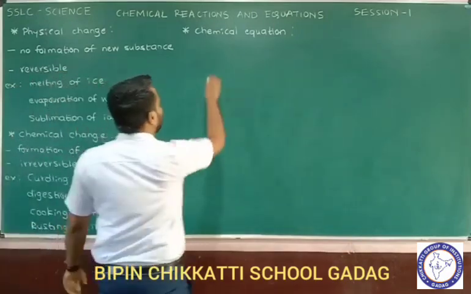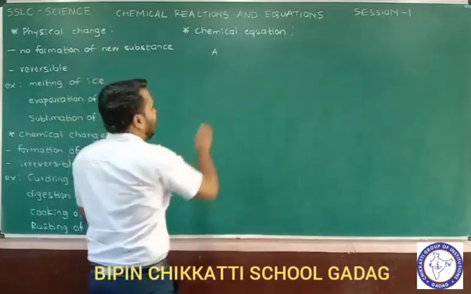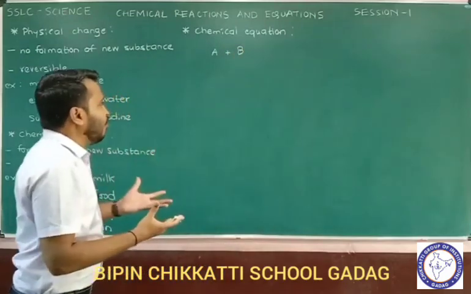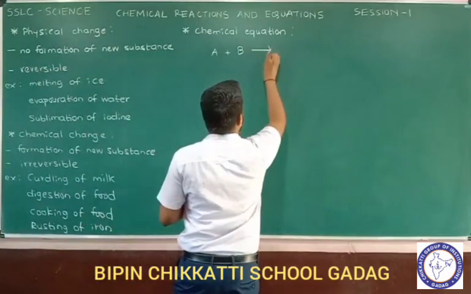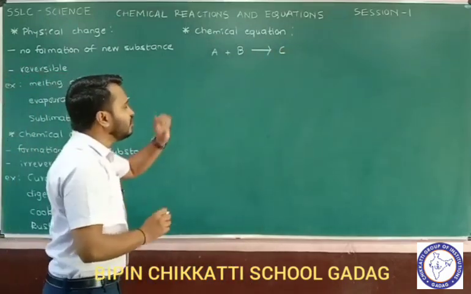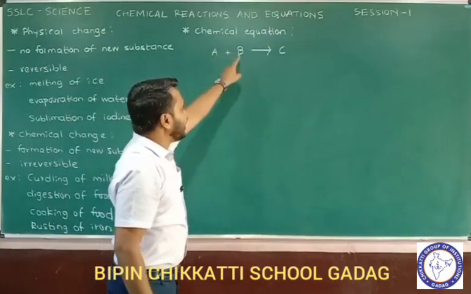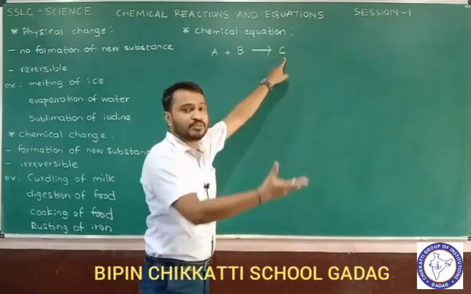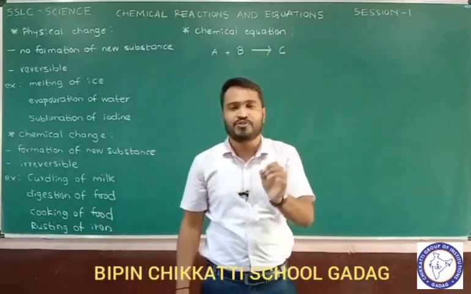Now in general, I am going to consider we have one substance A, and that is going to react with B, and you are going to get a new compound C. In general, this is not any particular reaction. So A is one substance that reacts with one more substance B, and you are going to get a new product or a new substance that we call C. I told you already, in a chemical change there is a formation of new substances.